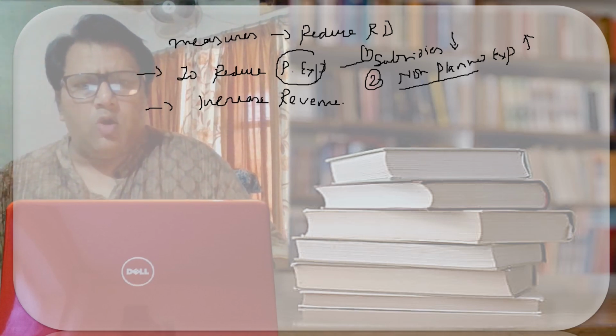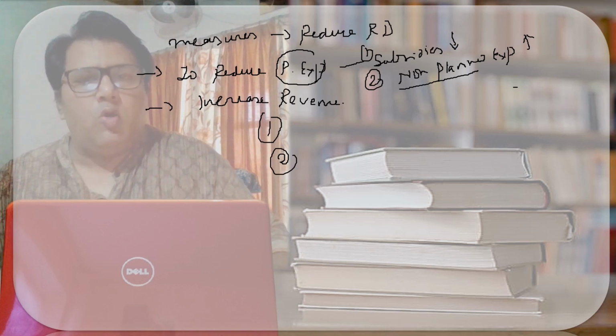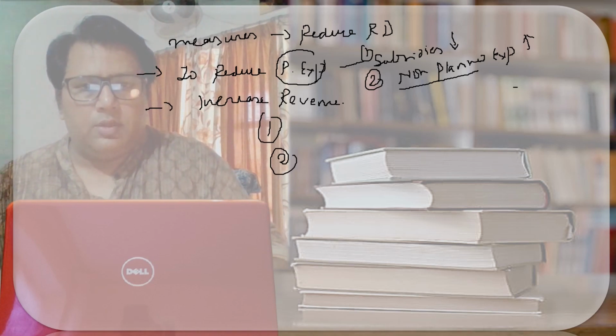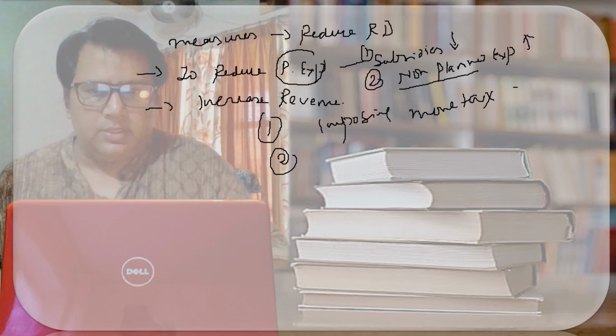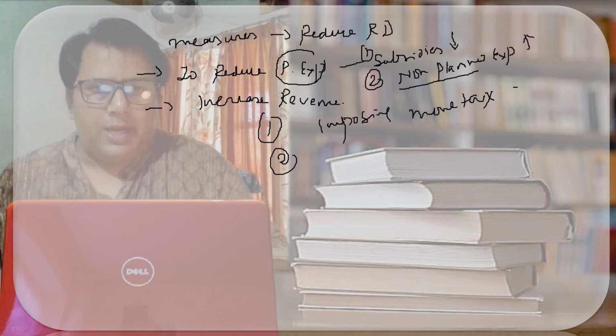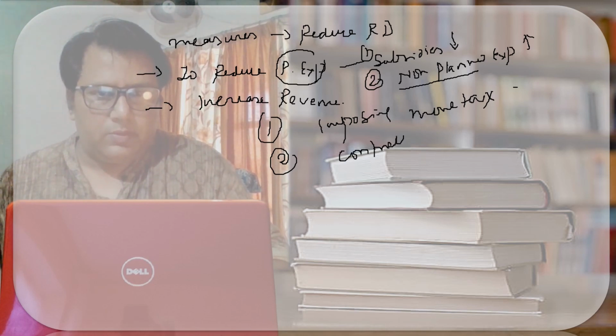The question is how the government can increase the revenue. Let us see. By imposing more tax on the people. Second is by controlling the tax evasion. By controlling what?